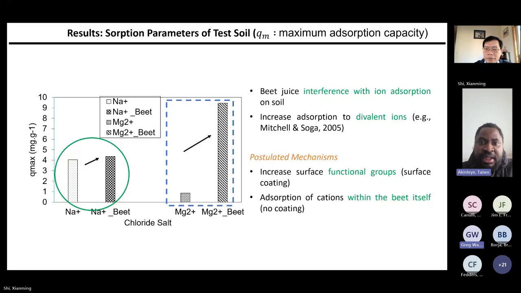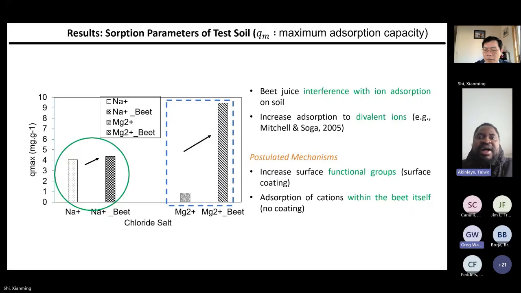Now, remember I said this Qmax value is the maximum adsorption capacity. While in our data set we're not able to get to that range, we use where our data points stop to estimate this result. One of the things we notice from this is that the beet juice is actually interfering with the adsorption or desorption processes of these ions on the soil particle surfaces.